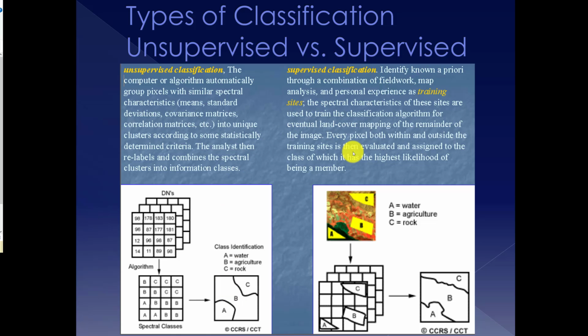Going back to the second type, supervised classification, now you're using what is known as a priori information, and this is a combination of fieldwork, map analysis, and personal experience. You are assigning the training classes. You are drawing areas or regions of interest, and you're saying these areas should be classified together.